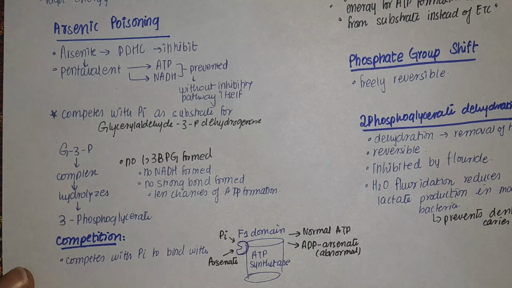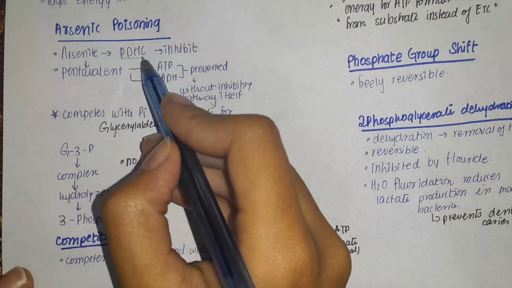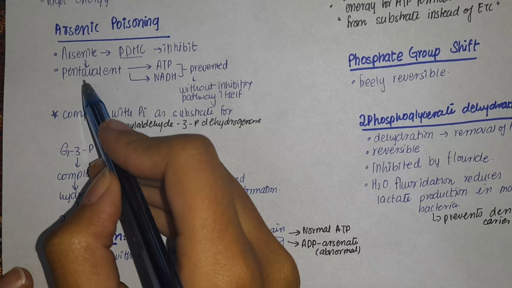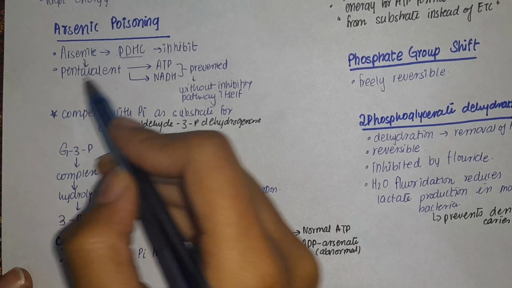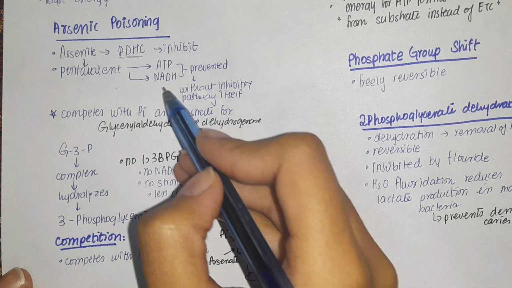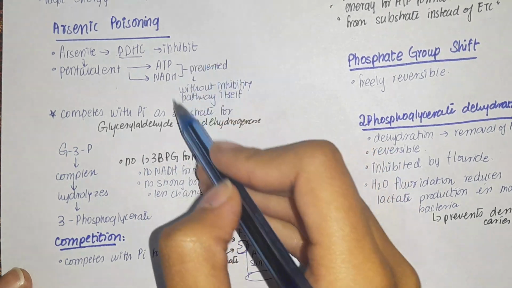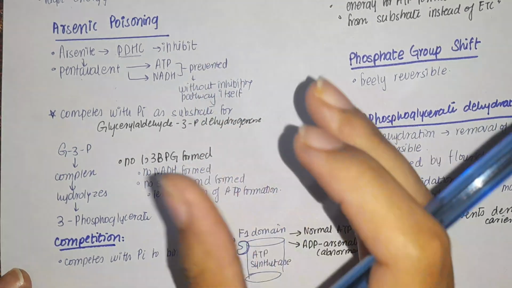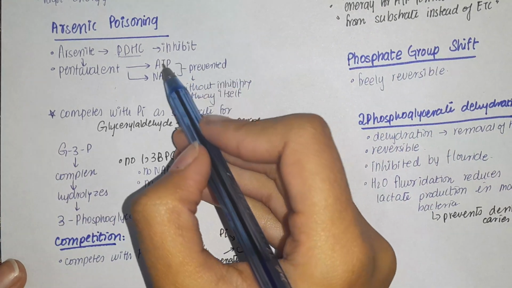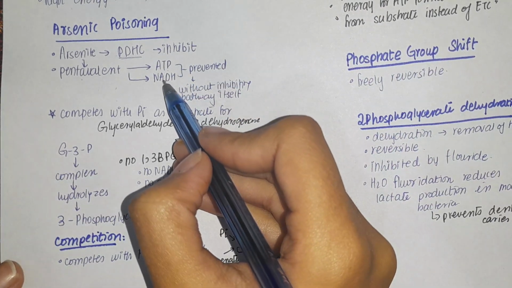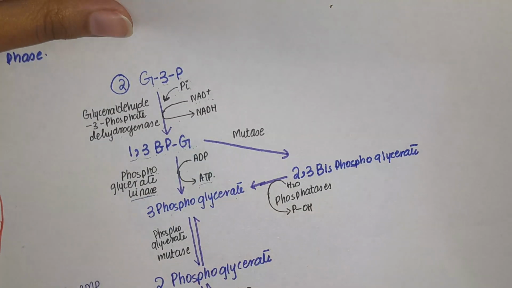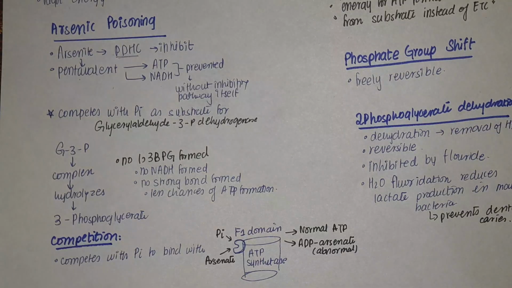We will discuss that later, but till now remember that the pyruvate dehydrogenase complex can be inhibited by arsenite, and its pentavalent compound, arsenate, can prevent the production of ATP and NADH without inhibiting the glycolysis pathway itself. It can prevent the production of the ATP and NADH that we just saw.